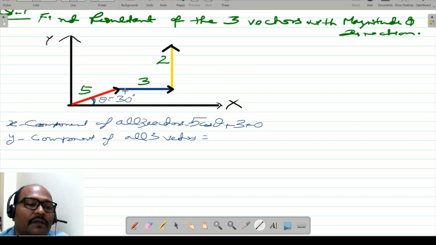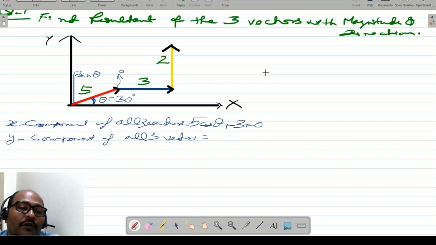The vertical component of vector 3 is 0, and the horizontal component of vector 2 is 0, right?